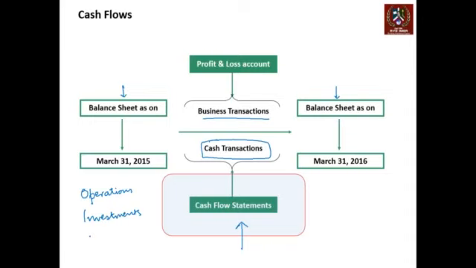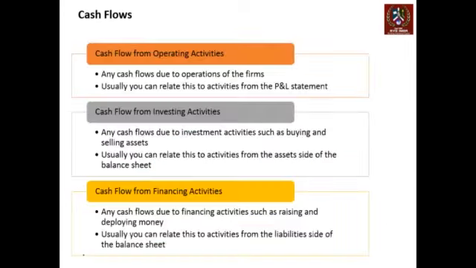And you could also have cash flow on account of either raising money or repaying that money. So you could have financing cash flows, right? So all the transactions that a company does can basically be divided into these three categories: operations, investments, and financing activities, right? Let's look at these in detail.